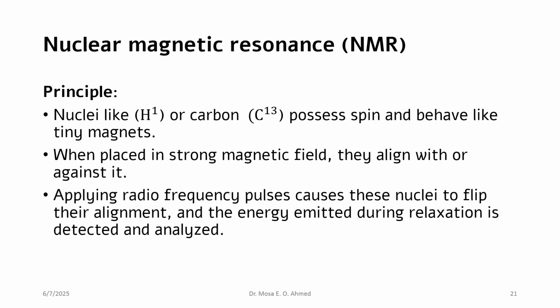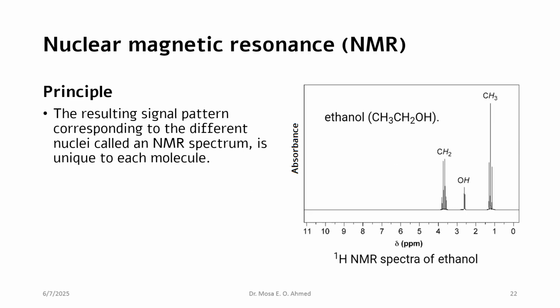Applying radio frequency pulses causes these nuclei to flip their alignment, and the energy emitted during relaxation can be detected and analyzed, which results in the NMR spectrum. The energy emitted from relaxed atoms results in an NMR spectrum, which is unique for each molecule.